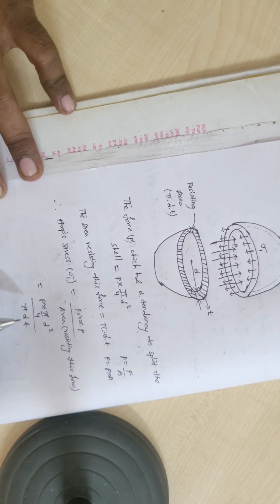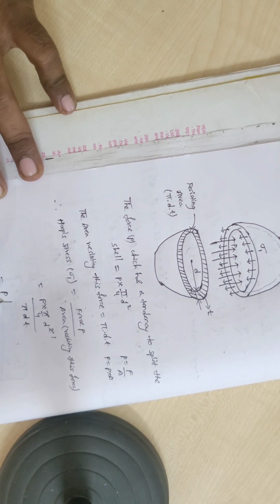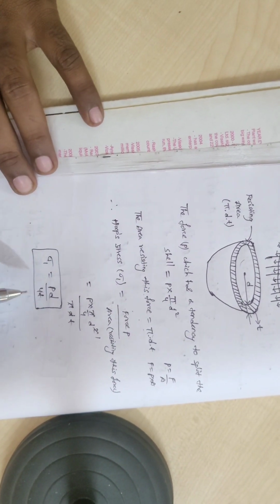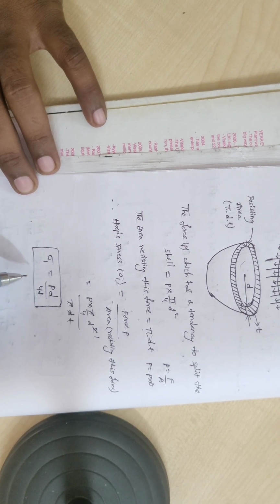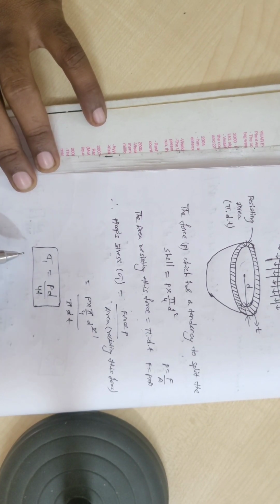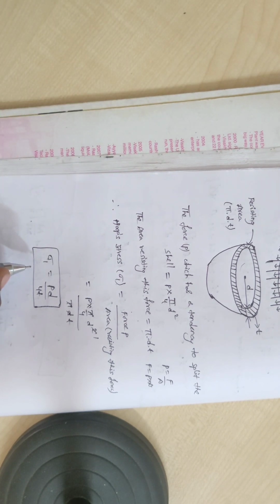Here pi cancels and d cancels one time. So the answer is P d by 4 t. This is the hoop stress for the thin spherical shell.